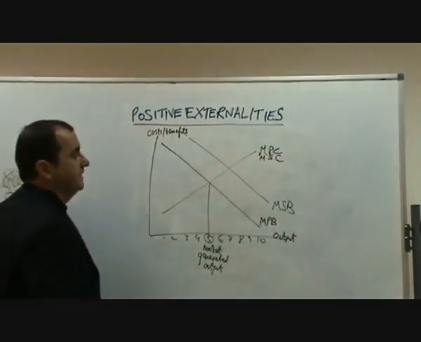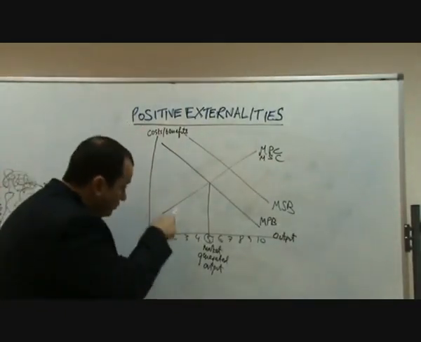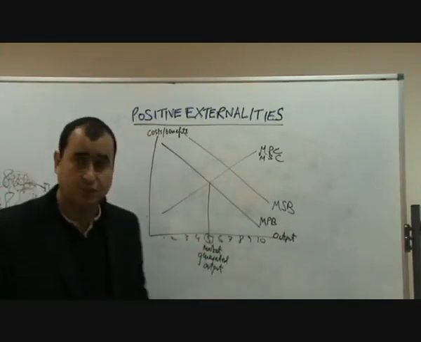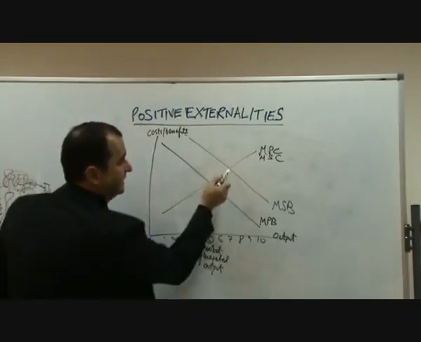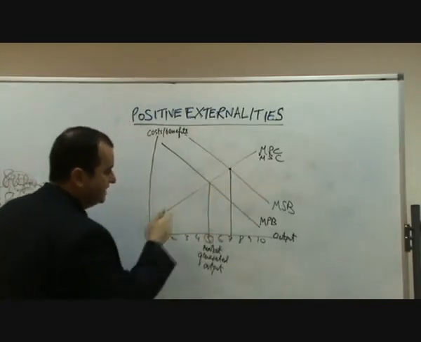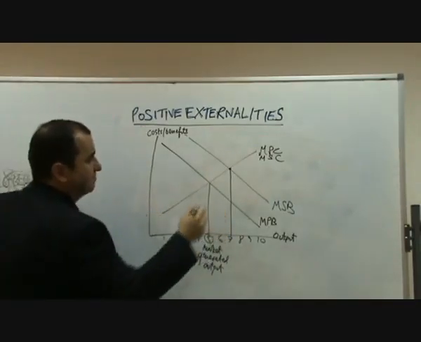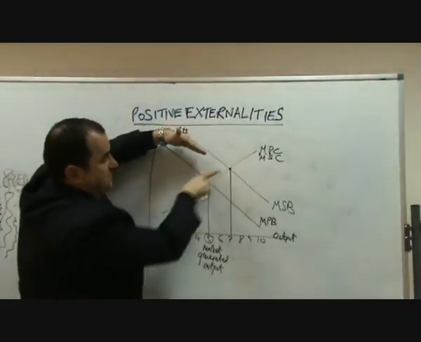Now we can see that the best level for society is to consume up to the point where a good has equal marginal social cost and marginal social benefit, and that's here. Because every unit, up to that 7th unit, brought in more social benefit than it did cost.